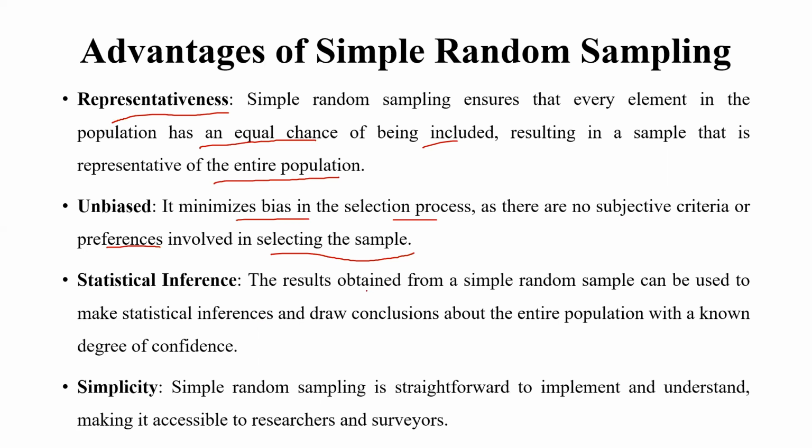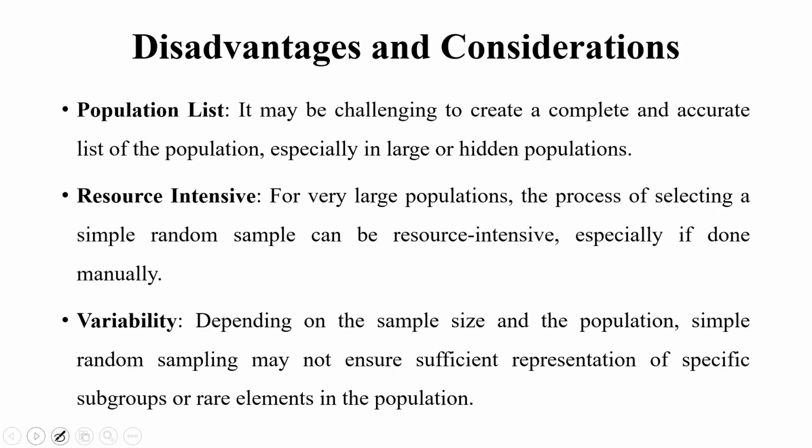Statistical inference: the results obtained from a simple random sample can be used to make statistical inferences and draw conclusions about the entire population with a known degree of confidence. Simplicity: simple random sampling is straightforward to implement and understand, making it accessible to researchers and surveyors.